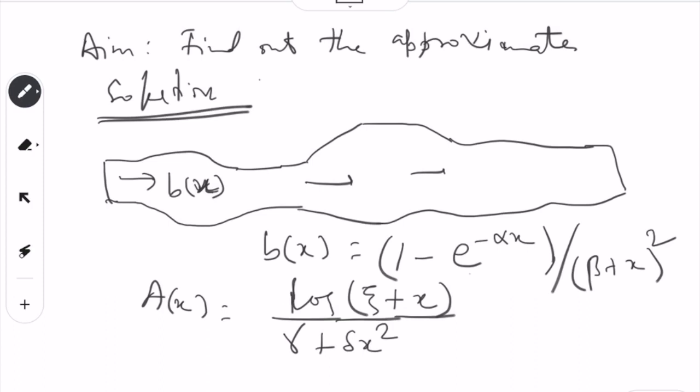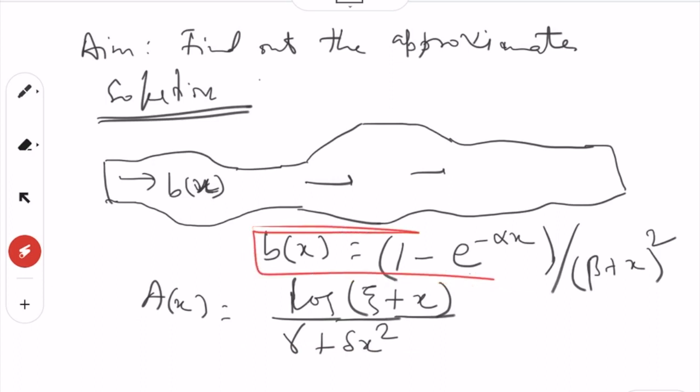Making all kinds of things is possible. If you make this complicated, you can have an area which is a complex term, or the body force which is a complex term, and you will have a very difficult time integrating. In that case you can assume some solution and go from there.